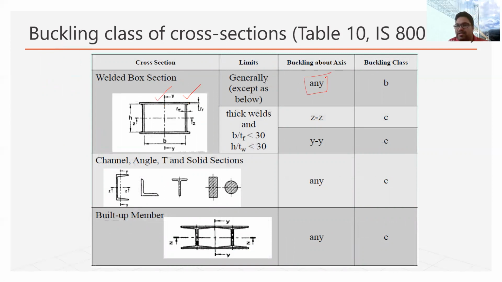The table shows that it may buckle along any axis, and the buckling class in this case will be B. Similarly, for thick welds, if b by tf is less than 30 and h by tw is less than 30, here you can see this is the h value, this is tw, tf, this is the z axis, y axis, so all the dimensions are given here. Based on that comparison, we can classify which class a particular section belongs to. Similarly, for angle, channel and T sections, this is how we find the buckling class.